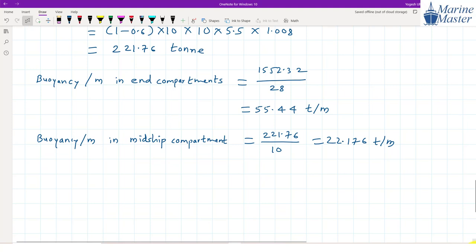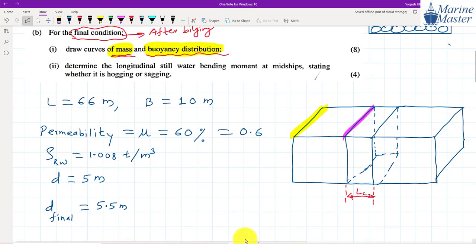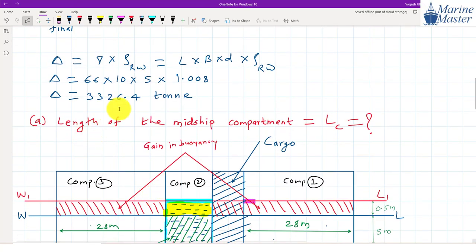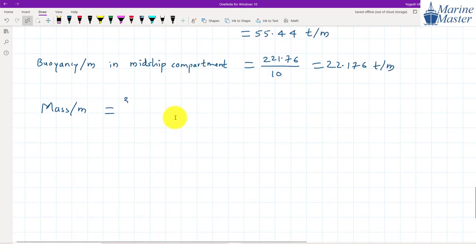And here mass is acting uniformly, guys. Mass per meter. So how much total mass do we have? Total mass we have is 3326.4, correct? So mass per meter is 3326.4 divided by 66.